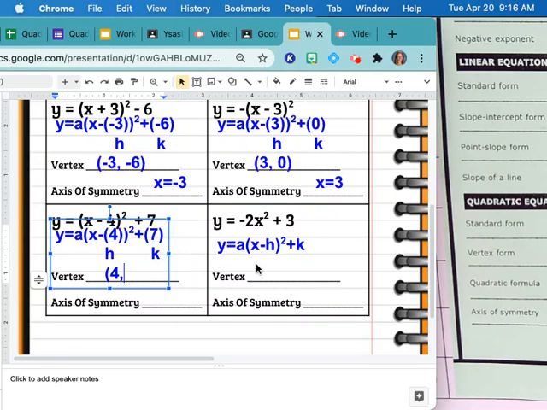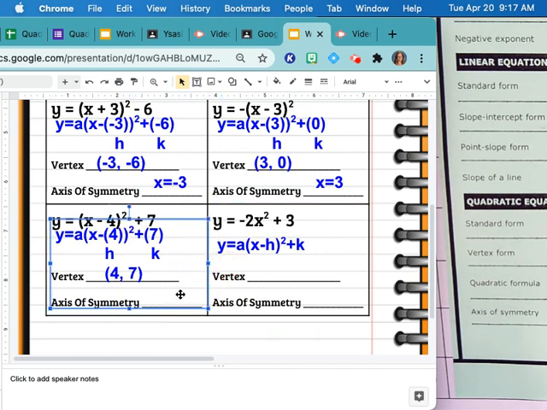So our vertex is 4, 7. What's our axis of symmetry? Positive 4, yeah.